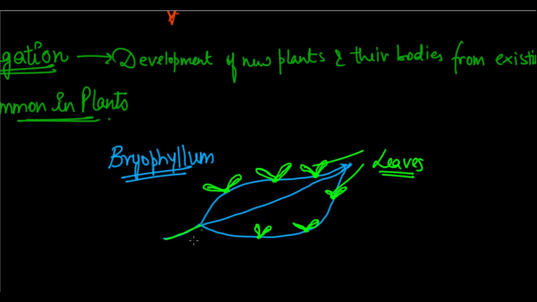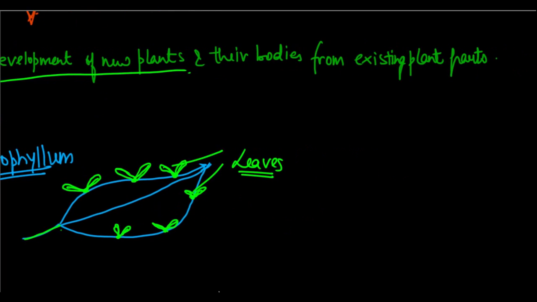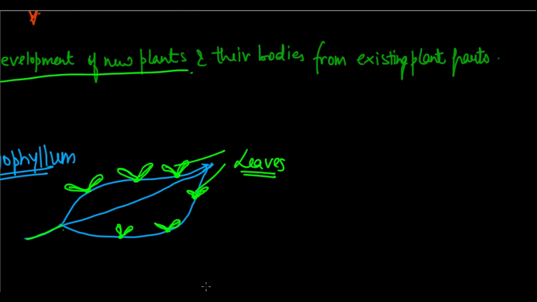So this form of asexual reproduction is where development of new plant parts takes place from the bodies of existing plant parts. The leaf is a part of the plant, right? On the tip of the leaves there are buds, and these buds are growing to generate new plant parts.